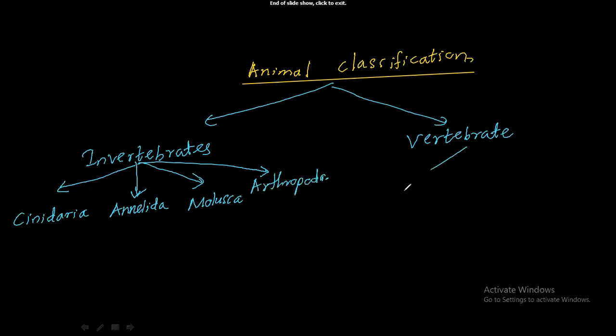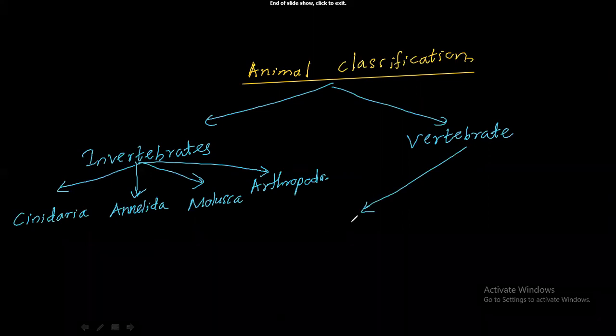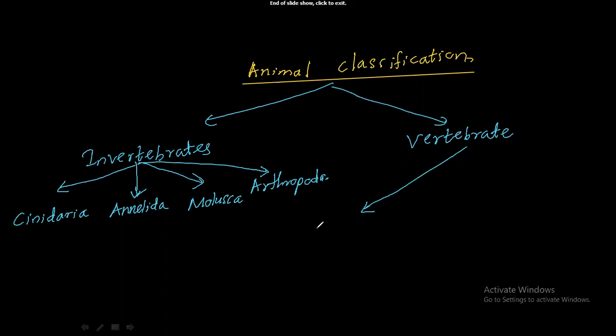Okay. Then now, vertebrates. Now tell me, today only we learned this. What is the first group? Pisces, right? Those who live in water. So we can take them as the first one. Pisces, fish belong to this one. Next one.